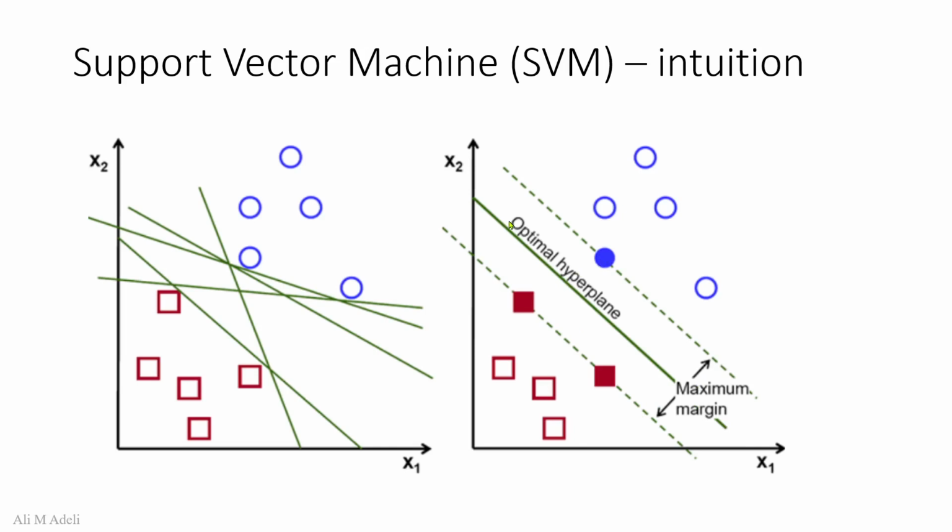And this line here is called the optimal hyperplane. And this is always going to be one dimension less than the space that we're dealing with. So in this case, we have a two-dimensional space with x1 and x2, so the line is one-dimensional.